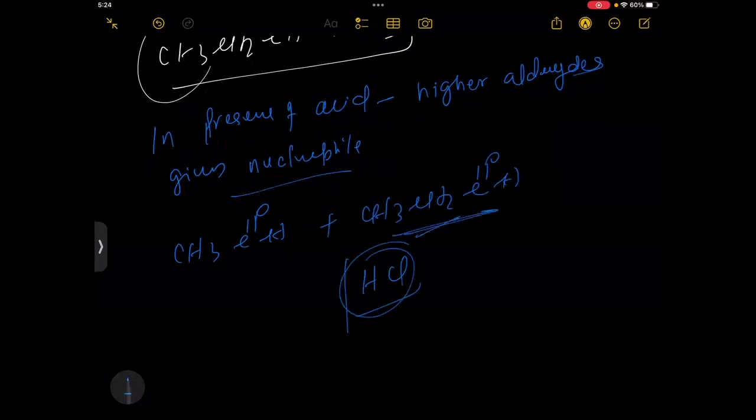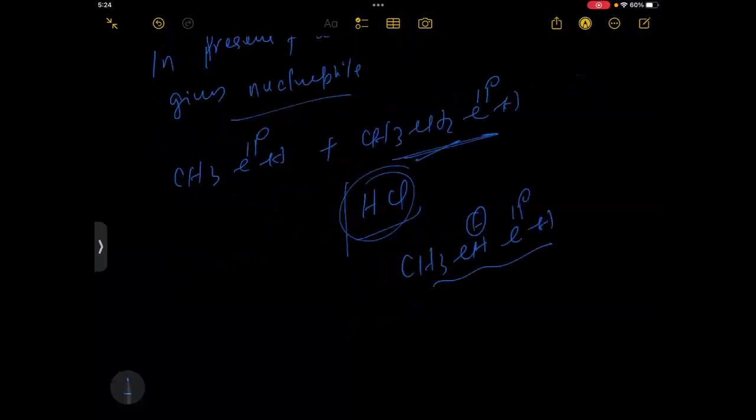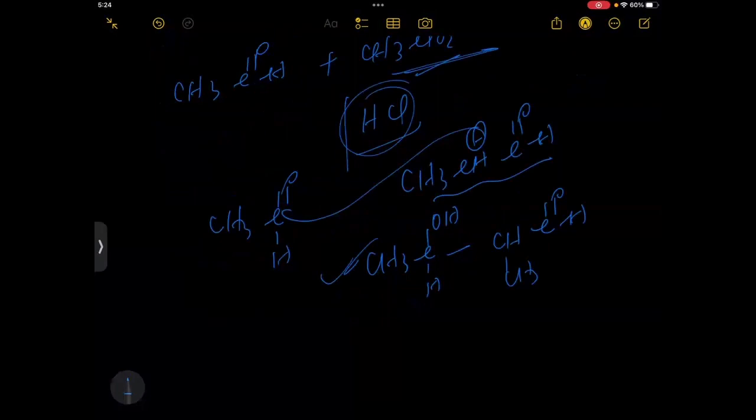Therefore, CH3 CH negative C double bond OH will form. Now it will attack on this second molecule, which will act as an electrophile, and then CH3 COH I have written directly here. So I hope you understood that CH3 C double bond OH will form. Correct now? So those things will happen, students.